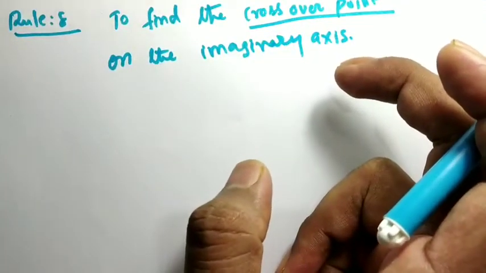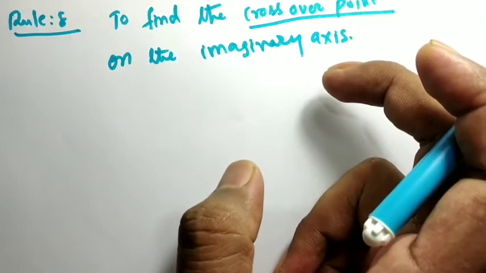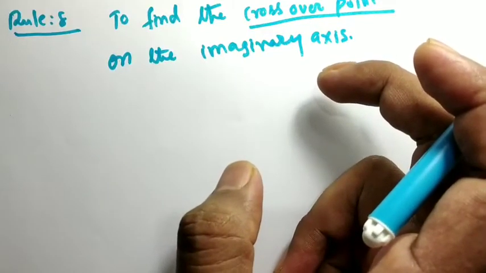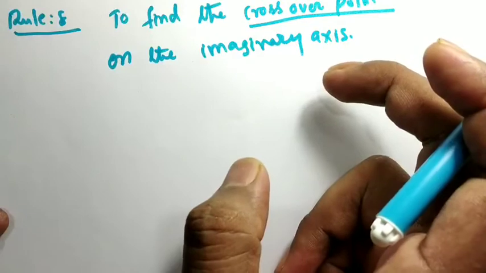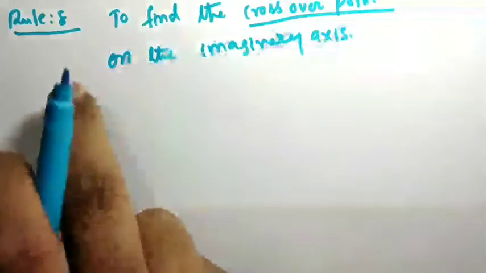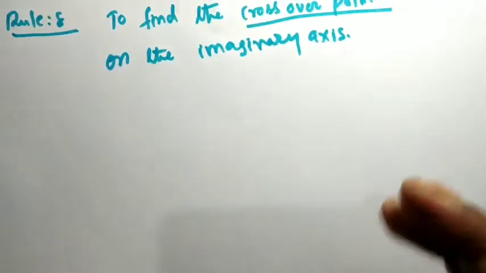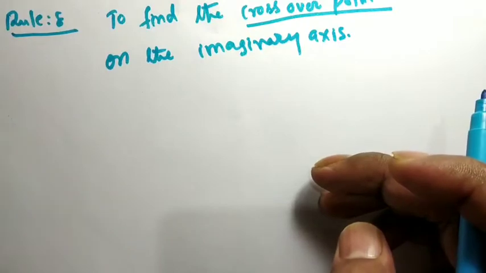Actually, I put angle of departure and angle of arrival in the same rule, that is rule number 7. So rule number 8 is how to find the crossover point on the imaginary axis.